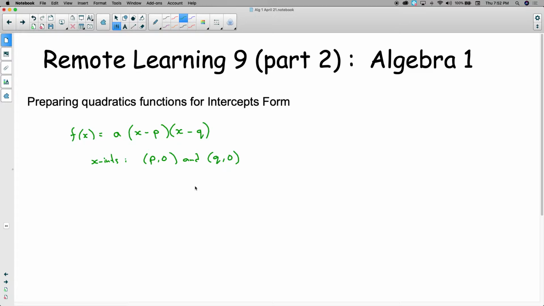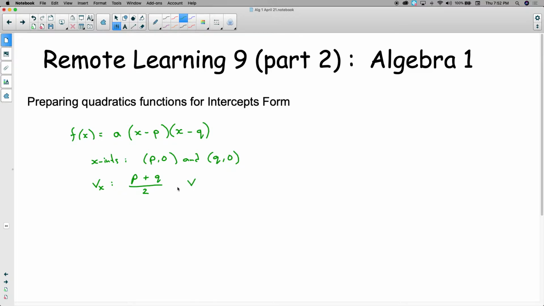But let's see. A lot of students like to call this the opposite game, where you don't use minus p, but you use positive p. Okay, so those are the x-intercepts. And then the vertex's x-coordinate was found by averaging those x-intercept values. So there's that in its strange format.